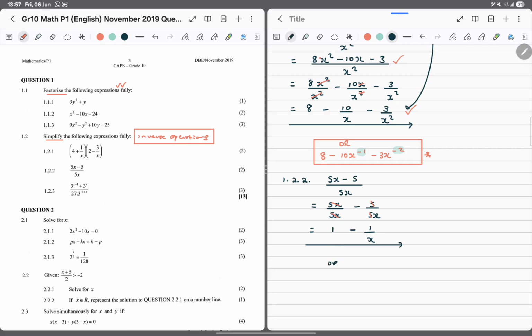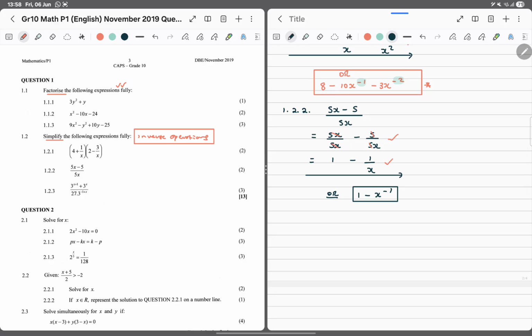Of course, one could still write 1 minus x to the minus 1. That's still okay. I'm not too sure though how strict the curriculum now is in terms of negative exponents. Anyway, how many marks was this? 2. Okay, showing that, and the final answer should be okay.